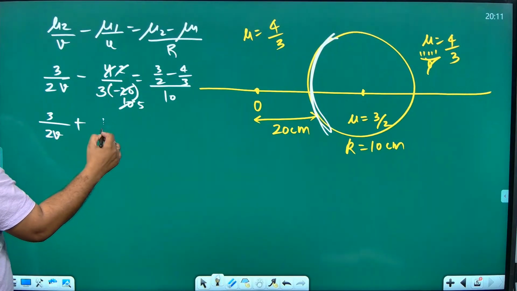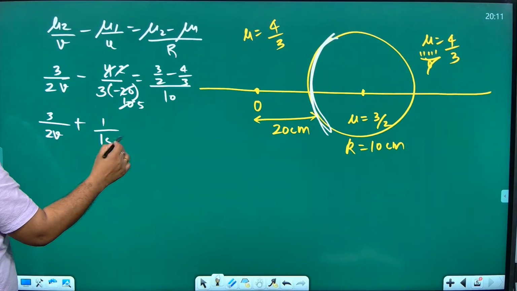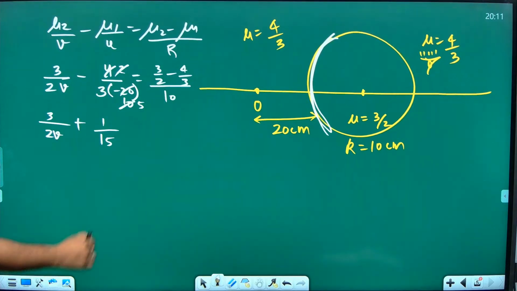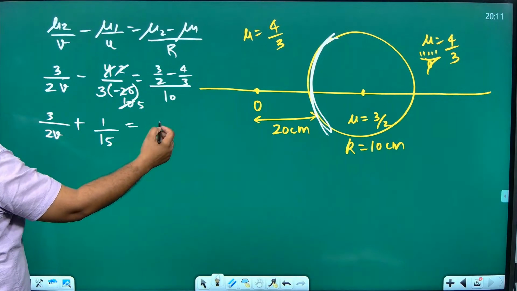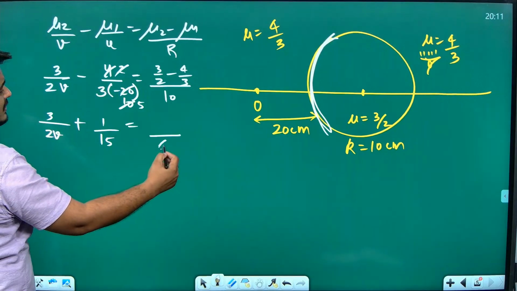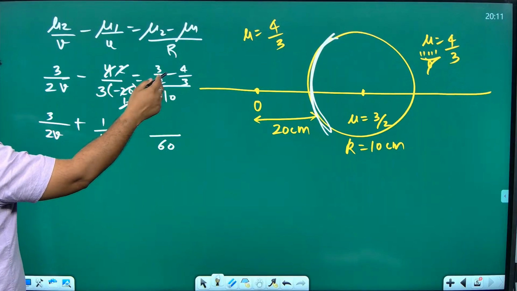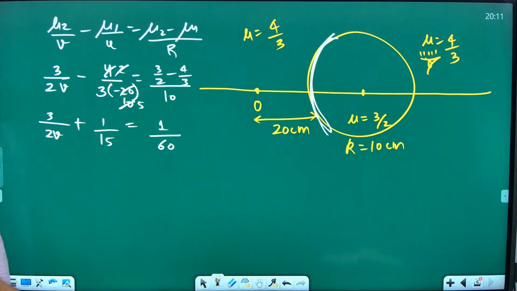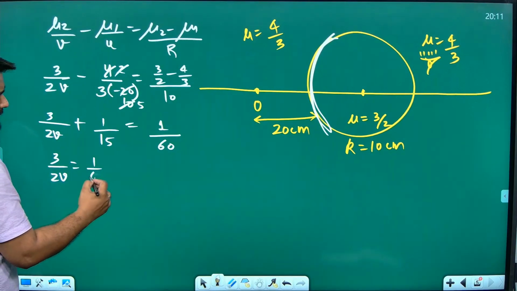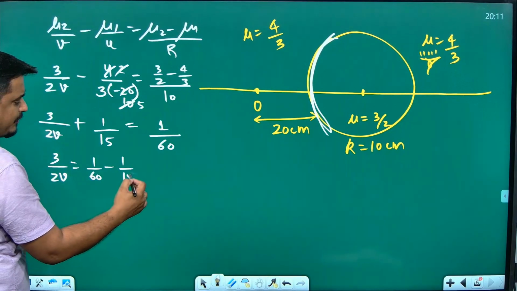will become plus 1 by 15. The LCM is 6, so it will become 60 below, and this will become 9 minus 8, 1 by 60, isn't it? So 3 by 2v is equal to 1 by 60 minus 1 by 15.